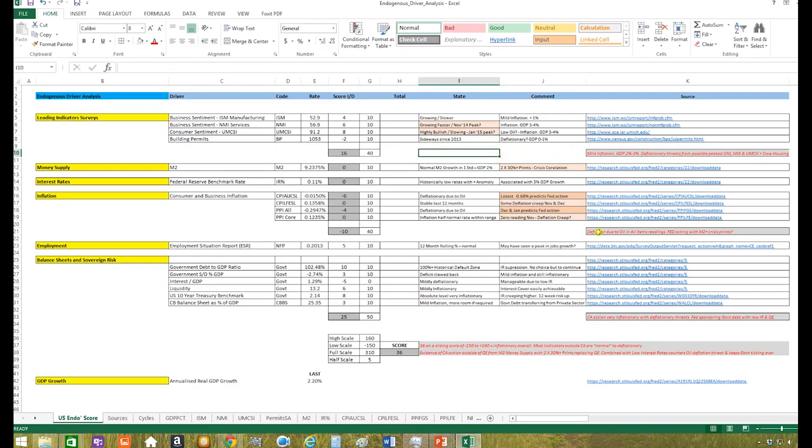Now, when we go to the next section, we have our money supply, interest rates, and inflation. And we have all items numbers for CPI and PPI and our food and energy numbers. The conclusion that we get to overall is that there's some quite serious deflationary effects occurring due to the oil price in the all items readings.